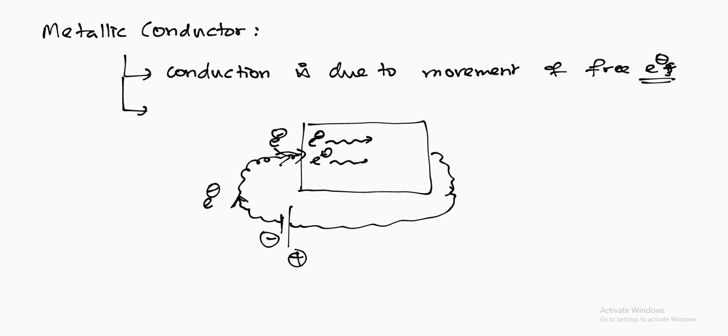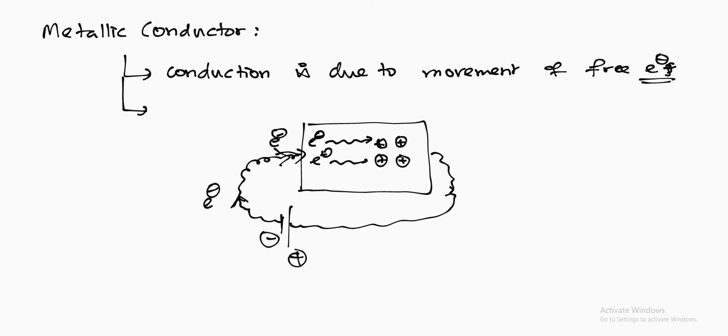Now what is important here is that in a metal we have positive ions. You know very well, when many metal atoms come closer and combine together to form a metal, each metal atom will lose one or more electrons, depending upon the valency.